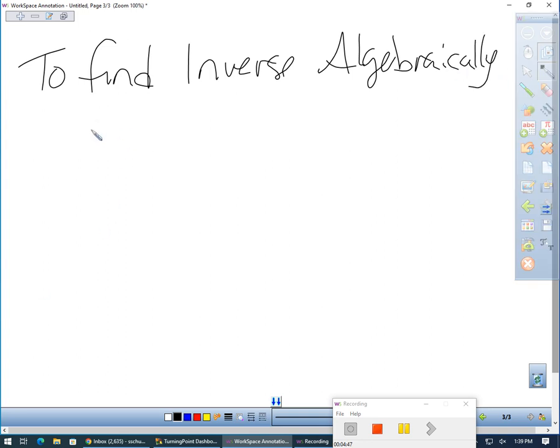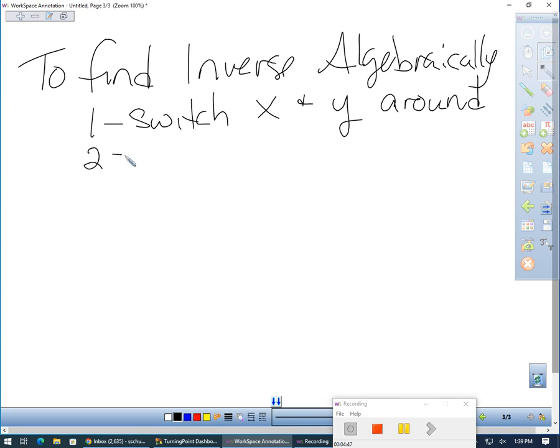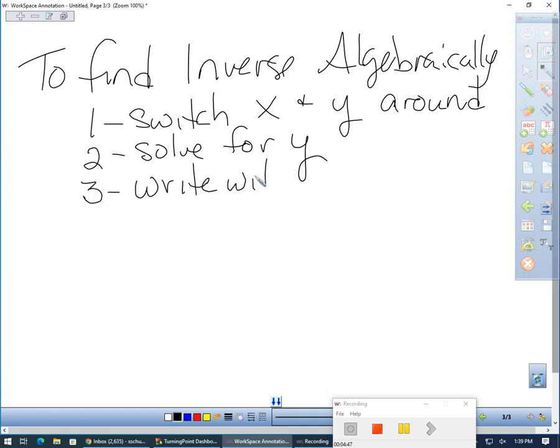Step 1, switch x and y around. Step 2, solve for y. And then step 3, write with inverse notation.